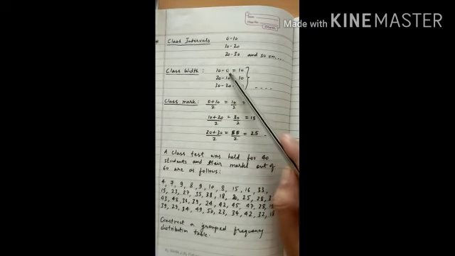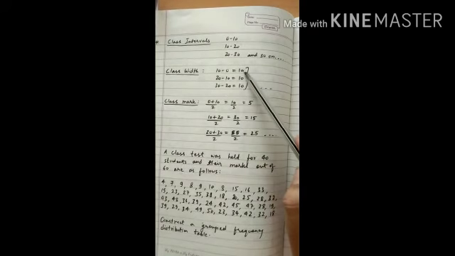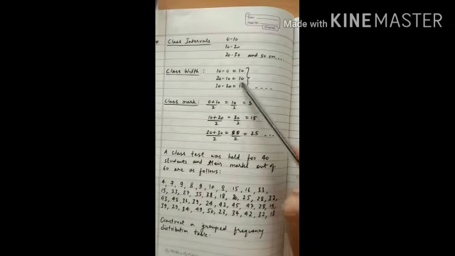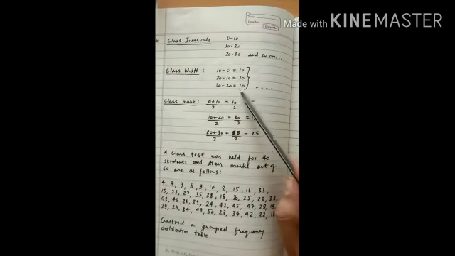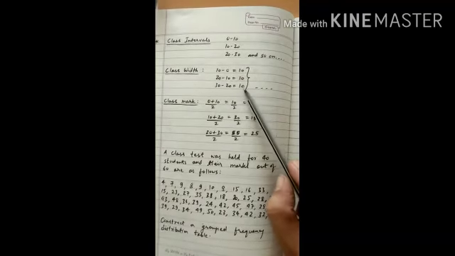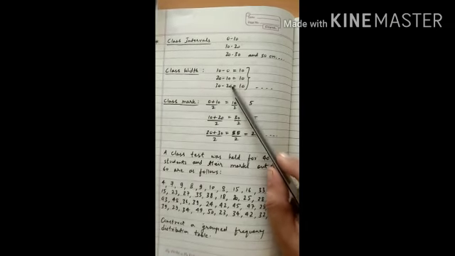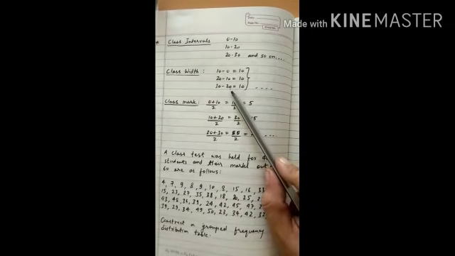Upper limit 10 minus lower limit 0 is 10. Another class interval, 20 minus 10, is 10. 30 minus 20, 10. It means for a particular question, whatever number of class intervals are used, the class width will be the same for each class interval.